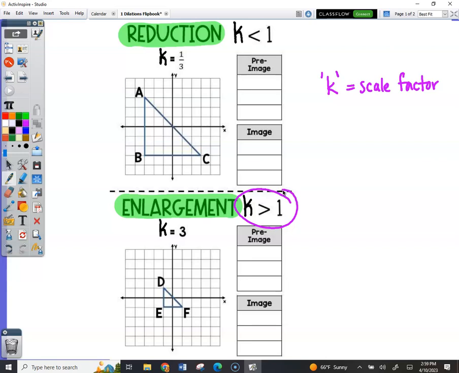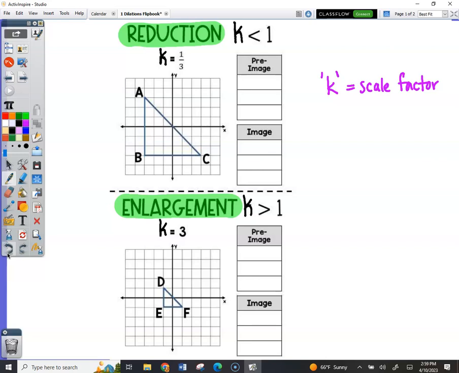So let's go with an easy example. If the scale factor was the number 2, that would mean that the pre-image is going to double in size, right? If the scale factor was 1/2, that would mean the pre-image is going to shrink by half the size. Does that make sense? Okay.